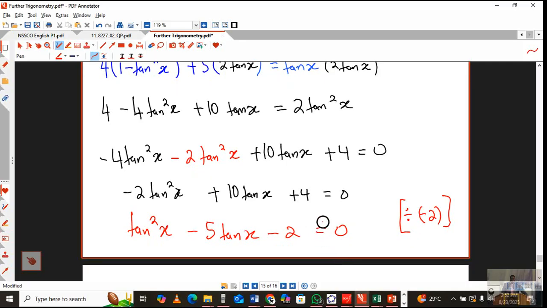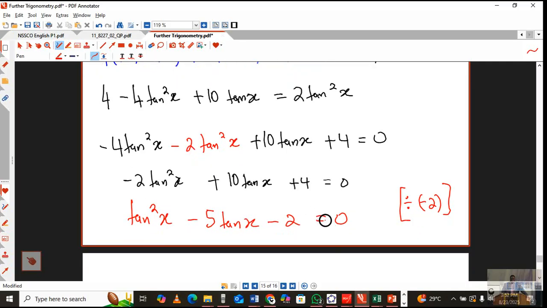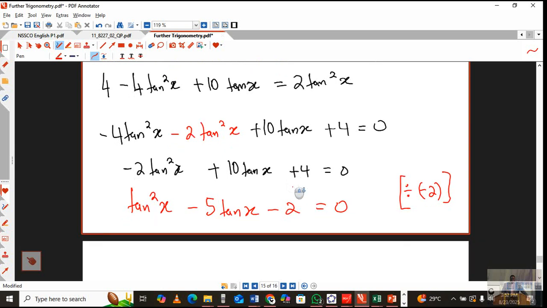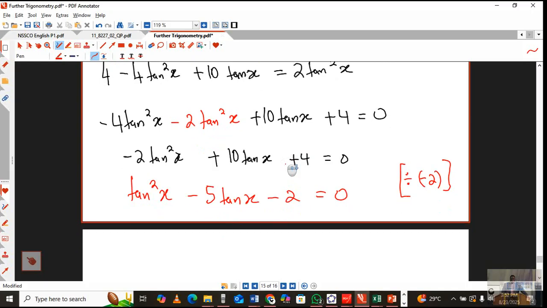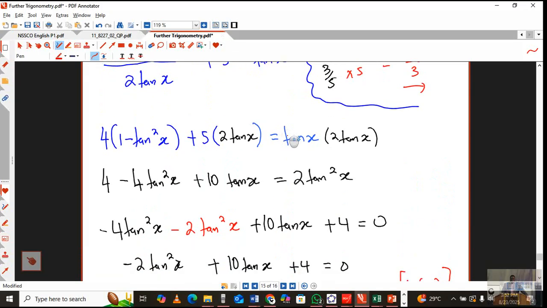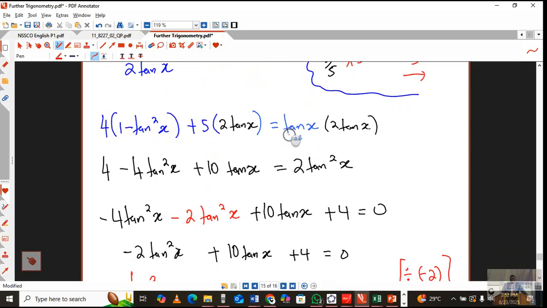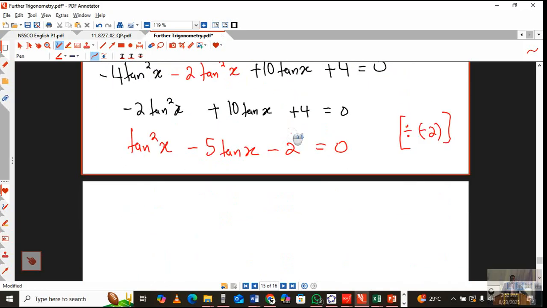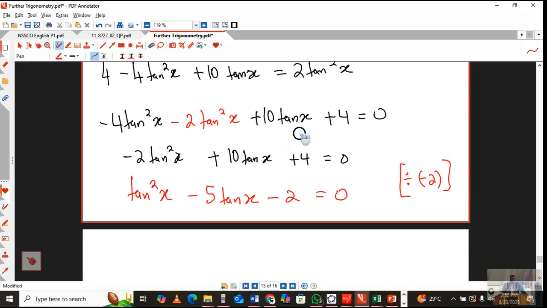Now, you obviously will see that we are left with a quadratic here. I just want to make sure of something. A little bit of a mistake somewhere, I believe.